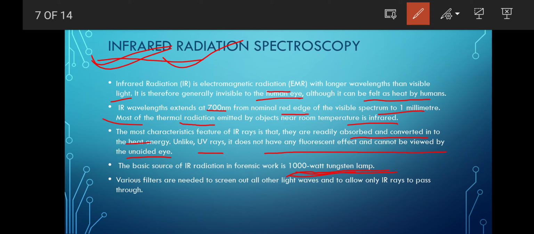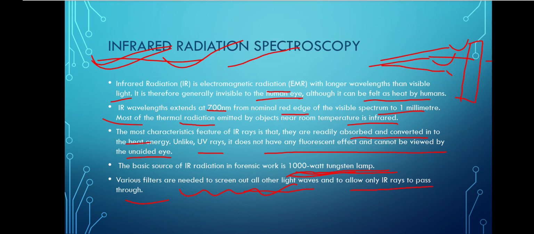This is the basic source used in forensic science. Various filters are needed to screen out the light waves and allow only IR rays to pass through. Visible light has different regions, like UV and visible, so a filter will pass only the IR light through it.